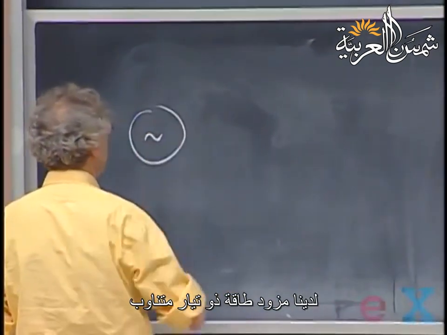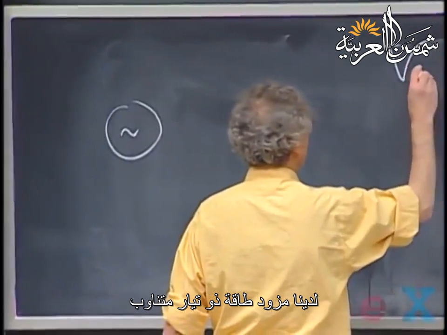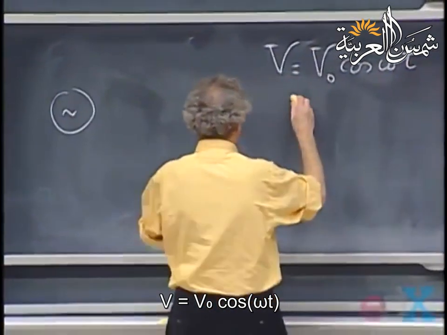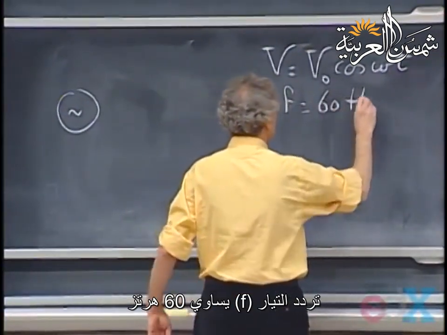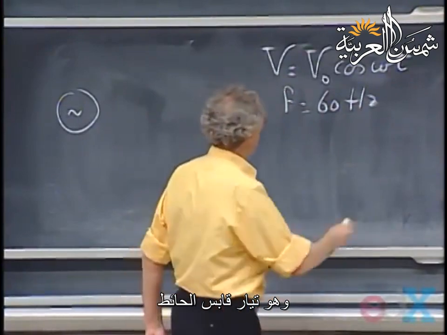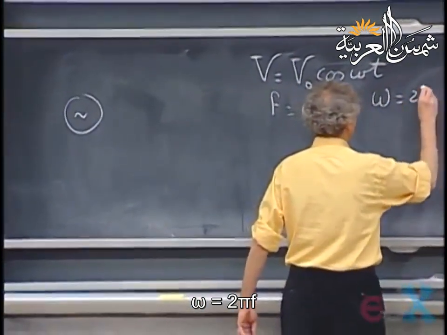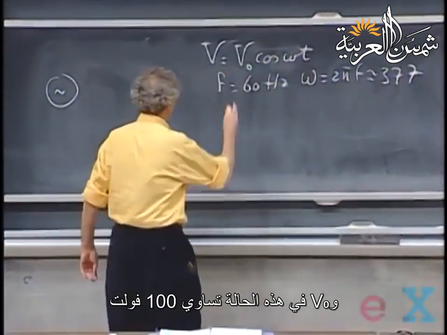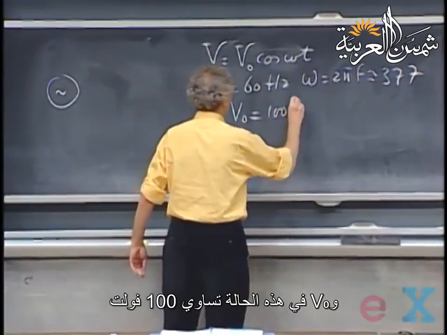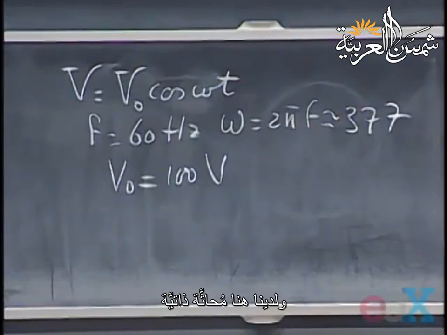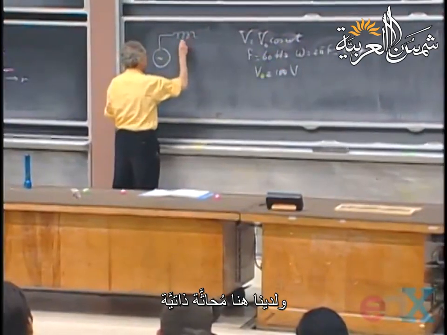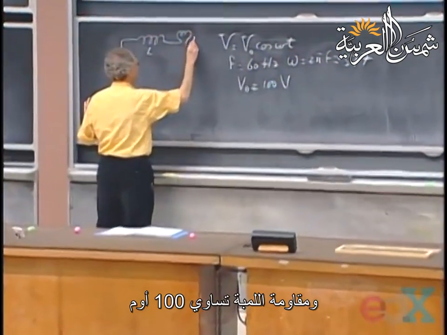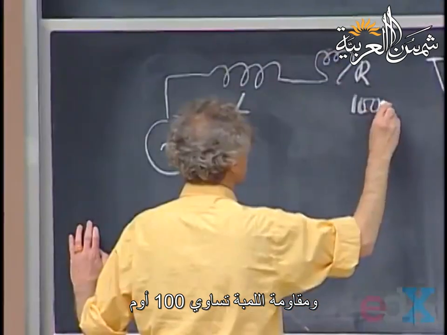We have an AC power supply, V equals V0 cosine omega t. The frequency is 60 hertz, just comes out of the wall, and so omega, which is 2 pi f, is about 377 radians per second. And V0, in this case, is 100 volts. And we have here a self-inductor, and here we have a light bulb, and the light bulb has a resistance which is 100 ohms.